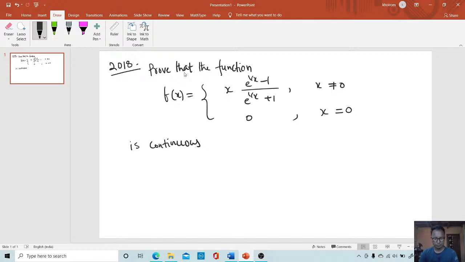We have a continuous function, but not derivable at the point x equal to 0. Right? So let's begin.